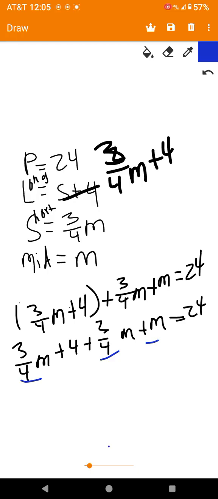And then we'll combine our like terms. So 3/4 plus 3/4 is 6/4, plus 1 whole, which will be 4/4 in this example. So that will be 10/4, which is 2 and 2/4, or 2.5. So 10/4 reduces to 2.5.